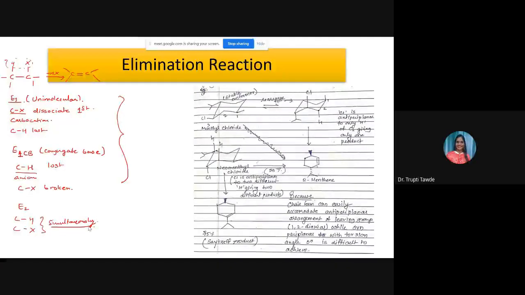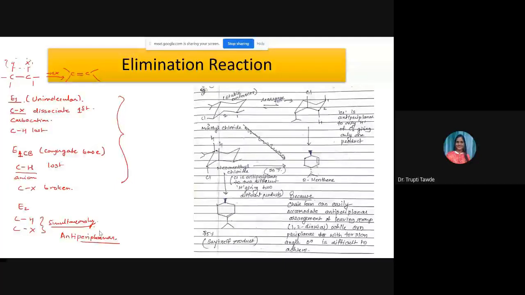Since both are leaving groups broken simultaneously, will they leave from the same side or anti to each other? There will be anti elimination, that we have to remember. There will be anti periplanar. This is also important. Periplanar means what? Plane. So anti, but they are going to get removed from the same plane. That we have to remember. In most cases anti elimination happens.